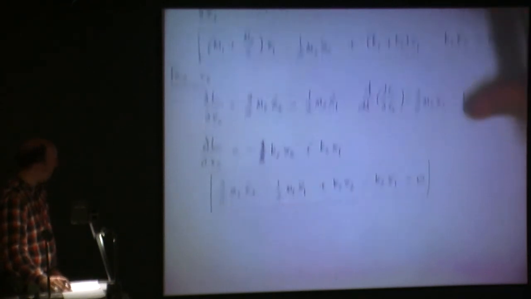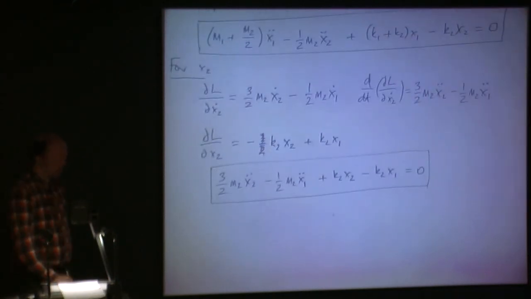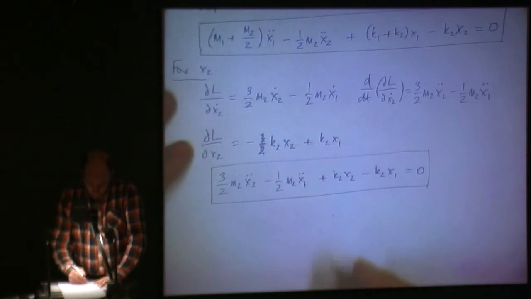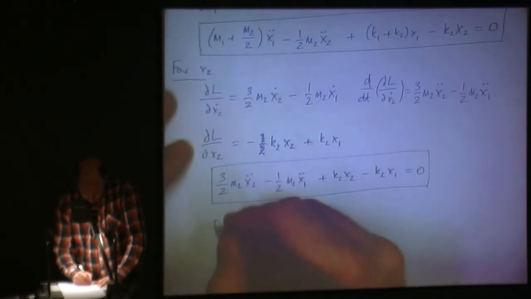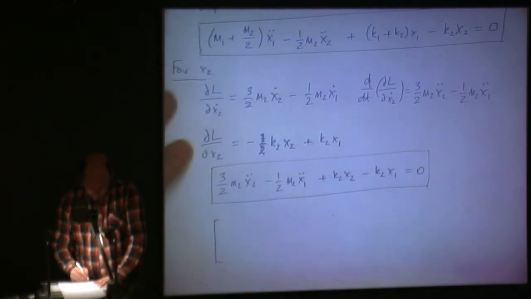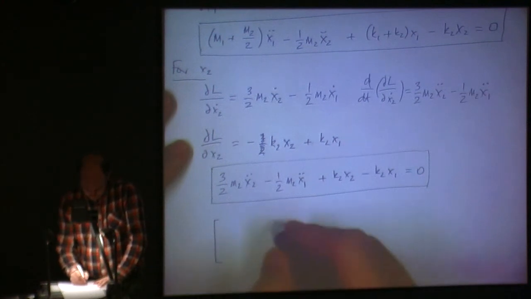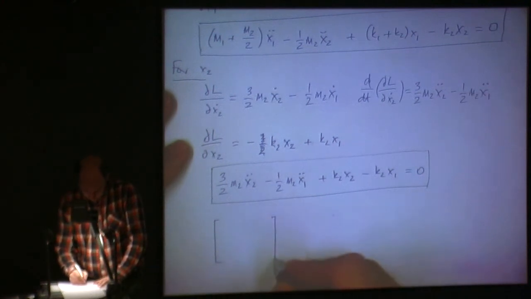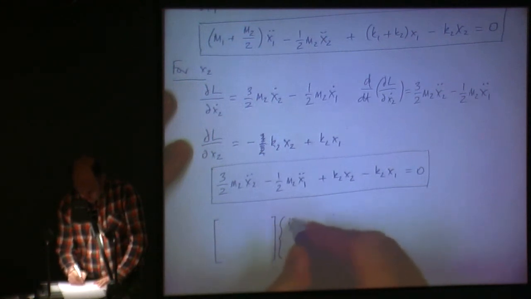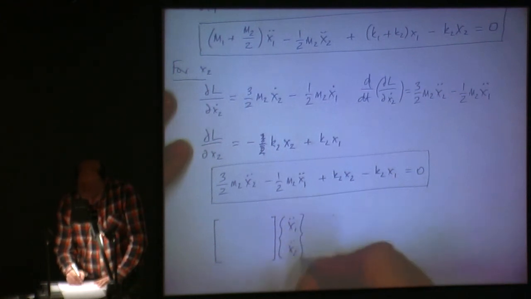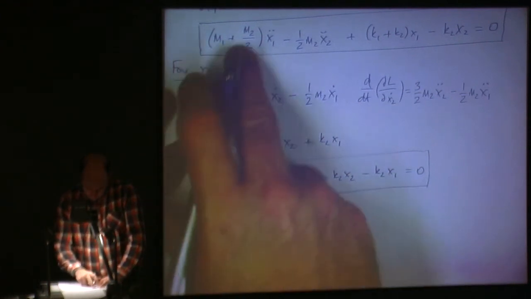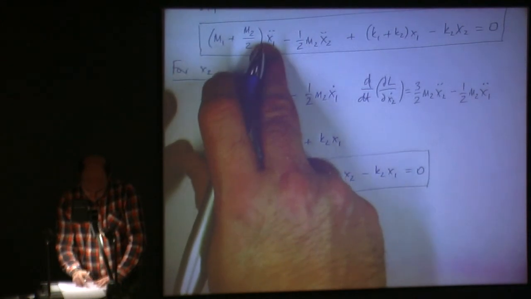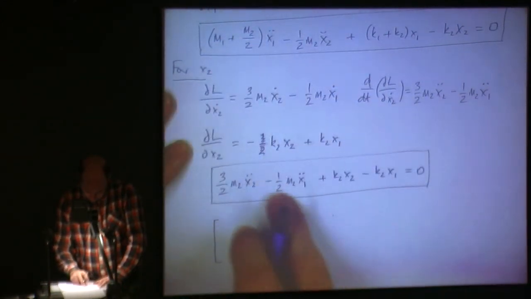Now the question says, write these in matrix form. Well, it just so happens that we can do so. So I've got mass matrix here. And obviously you have mass times acceleration, don't we? So x1 double dot, x2 double dot. And what goes in the matrix? Well, you can see quite clearly that we've got this term times by the x1 double dot, and this term times by x1 double dot.